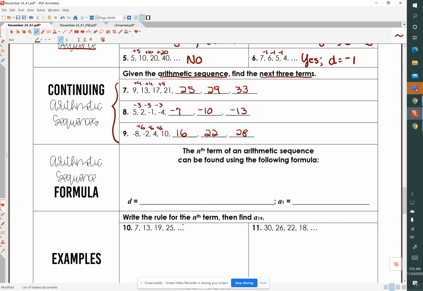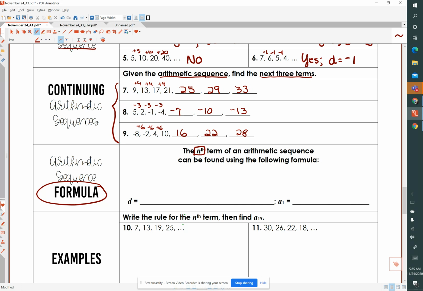Let's go back to our lesson. Okay, now here's the heart of the lesson. We are now at the arithmetic sequence formula. And students, I want you to commit this to memory, and I'll help you do that. So the nth term, what does nth mean? Nth means the number that I want to find.